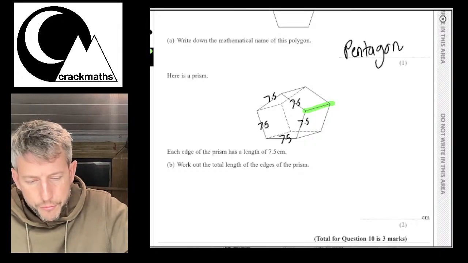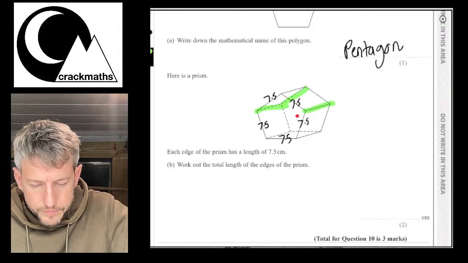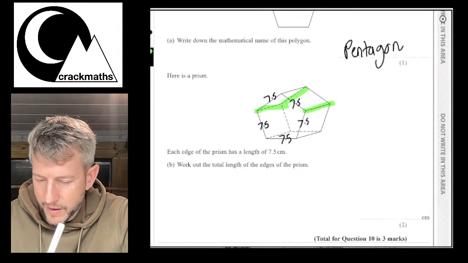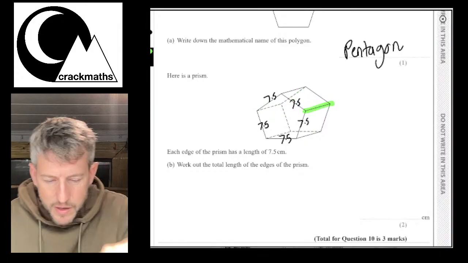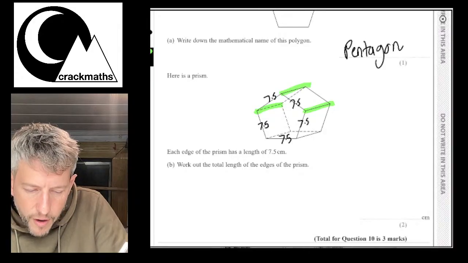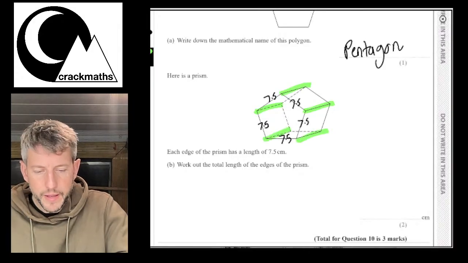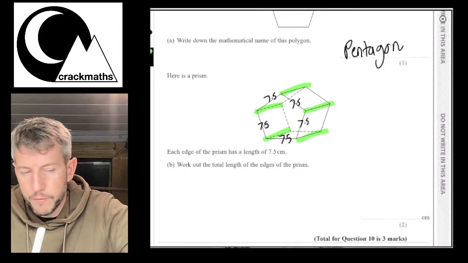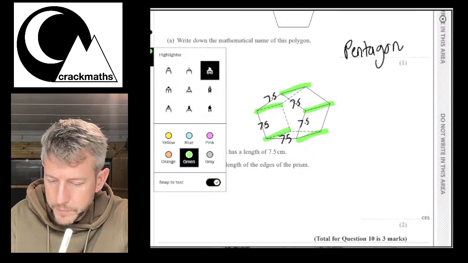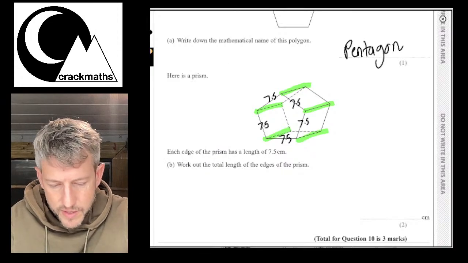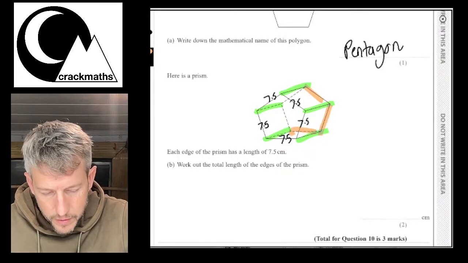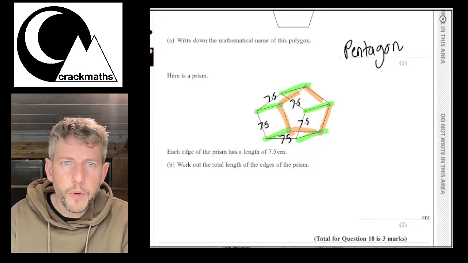And then we've got the ones that go back. Let me get rid of that. There's going to be 5 lines here that go back. Okay. And then there's going to be 5 lines here as well at the back. So we've got a lot of 7.5s there actually.